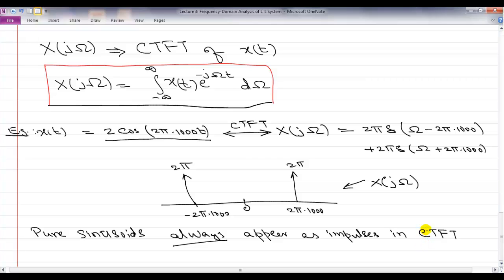Okay? Pure sinusoids always appear as impulses. So if you get a continuous time Fourier transform plot which has some impulses, those impulses correspond to the fact that the input signal had some pure sinusoids in it. If it has no impulses, then it did not have any pure sinusoid. It's made up of many other frequencies.